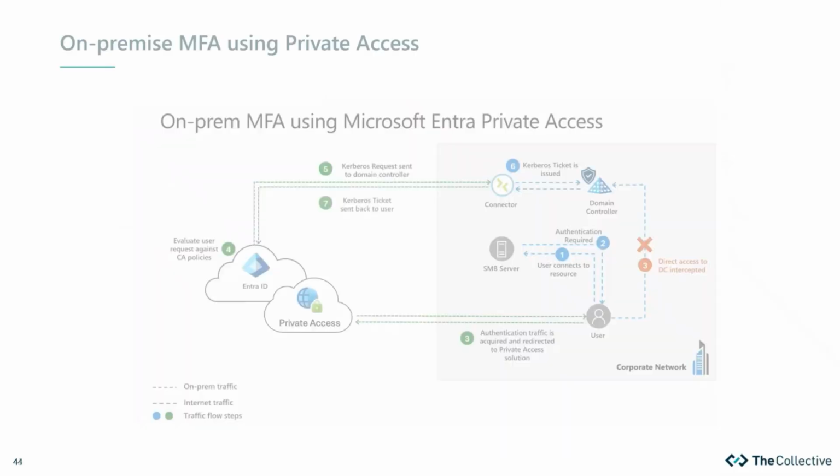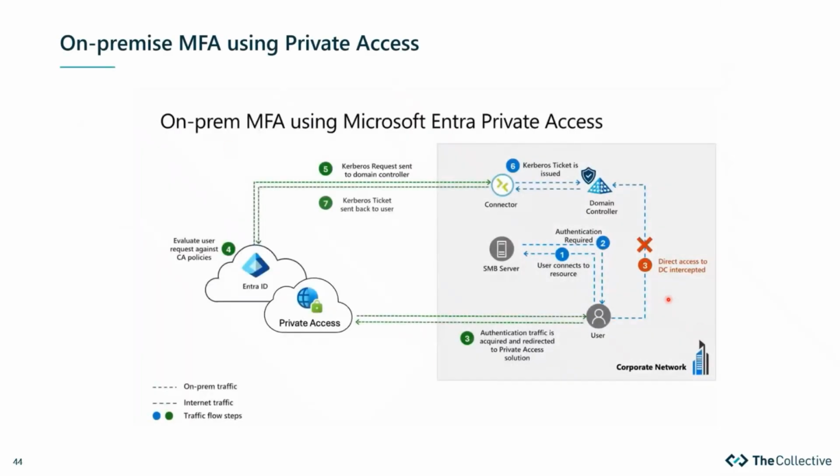So let's say that your user is on-premise. Typically, if the user is on-premise, you do not tunnel everything to a VPN solution anymore. So what we can basically do is when a user tries to access an SMB server that is on-premise, the SMB server will say, hey, you need to authenticate.